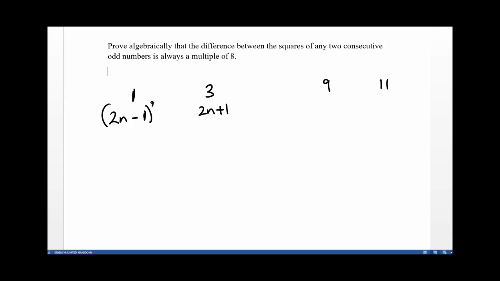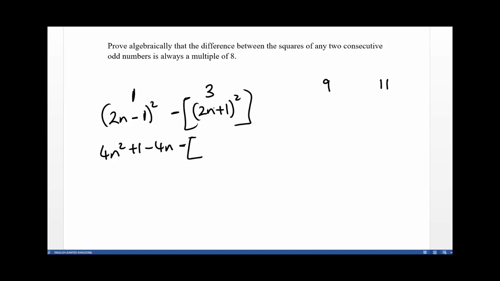So we're going to square this, and square this as well. Let's do that. 2n squared is going to be 4n squared. Minus 1 squared is positive 1. 2 times minus 1 is minus 2, times 2 is minus 4n.